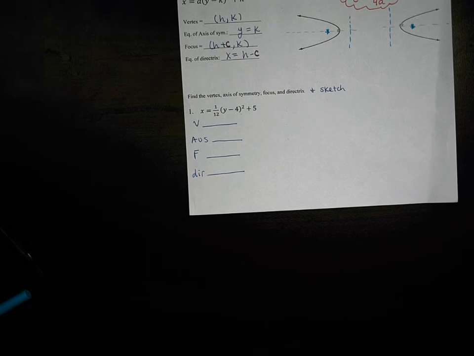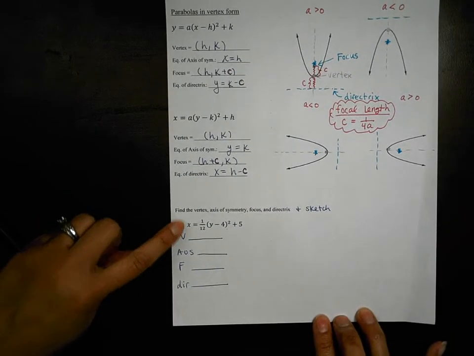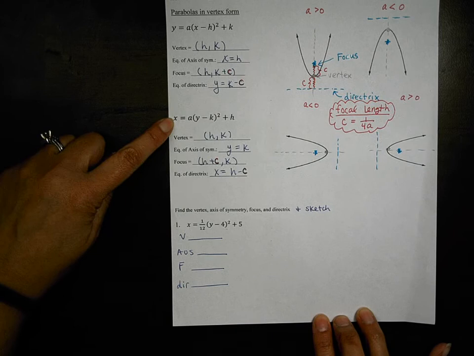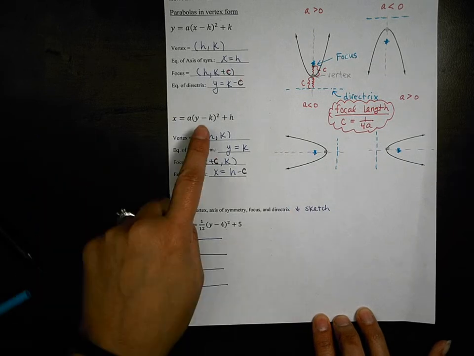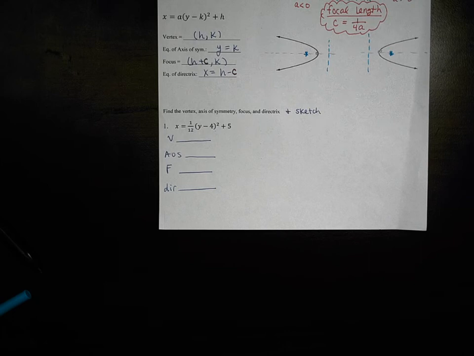So, this here is x equals. Parabolas are sideways when y is being squared. Y squareds are sideways parabolas, x squareds are up and down parabolas. You do need to remember that. When y is being squared, they're sideways.